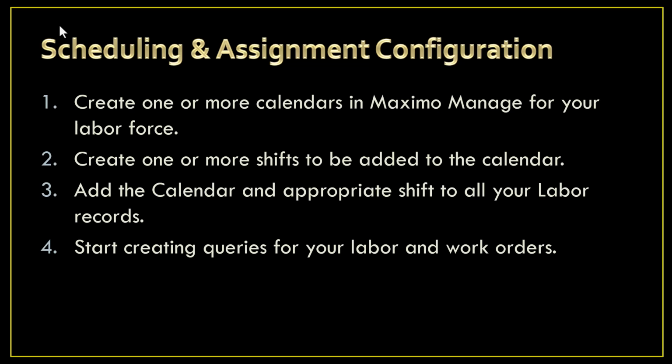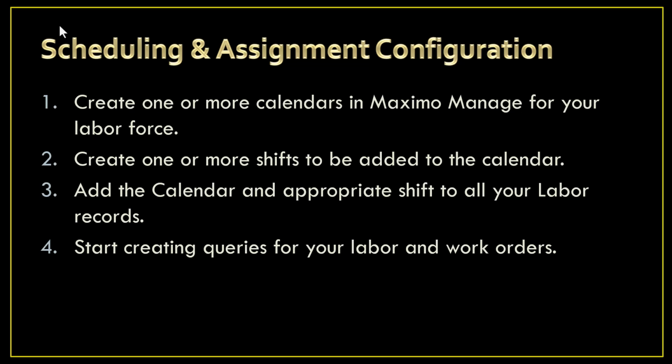Once the calendar is created, then you need to add one or more shifts. These are the hours that your laborers work. You might have a day shift where people work 4 8-hour days, Monday through Friday. You might have people working 4 10-hour shifts. Some of them work Monday through Thursday, others work Tuesday through Friday.